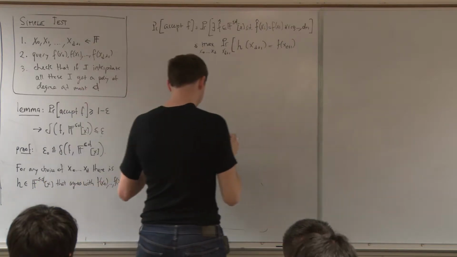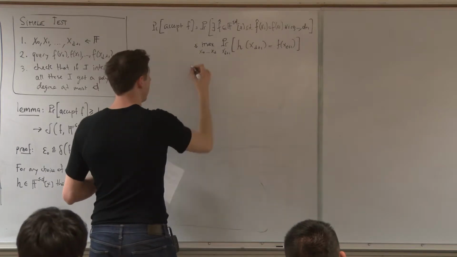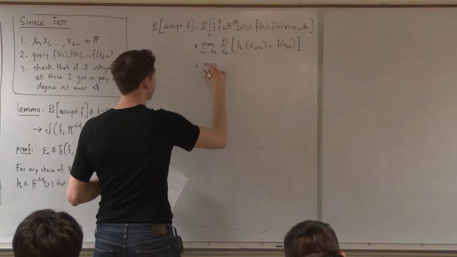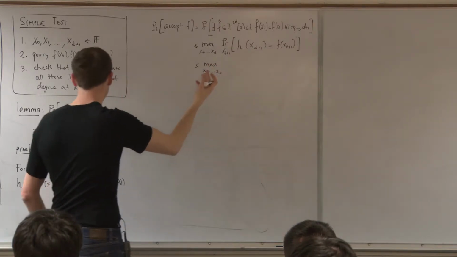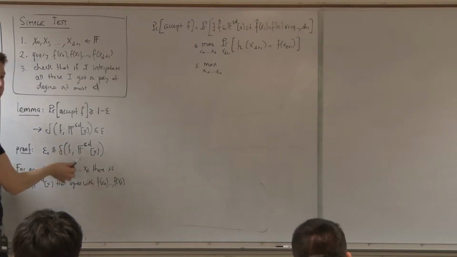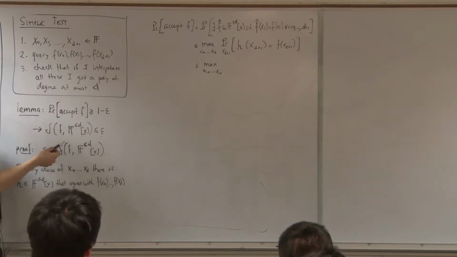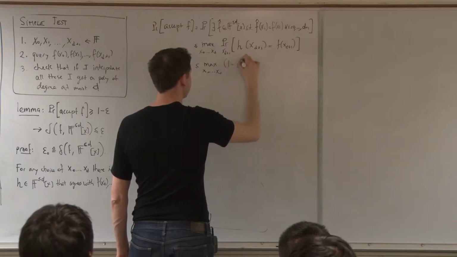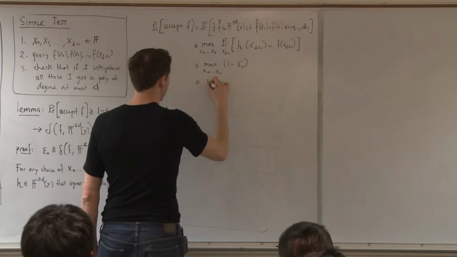Okay? But h is one of the things that I consider when I compute this distance. Maybe it's not the closest, I don't know, but if it's not the closest, it can only be farther, right? So this entire thing is at most 1 minus epsilon 0.